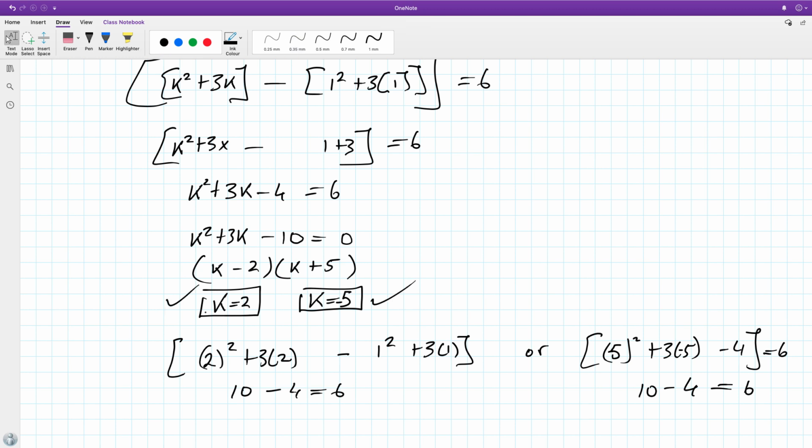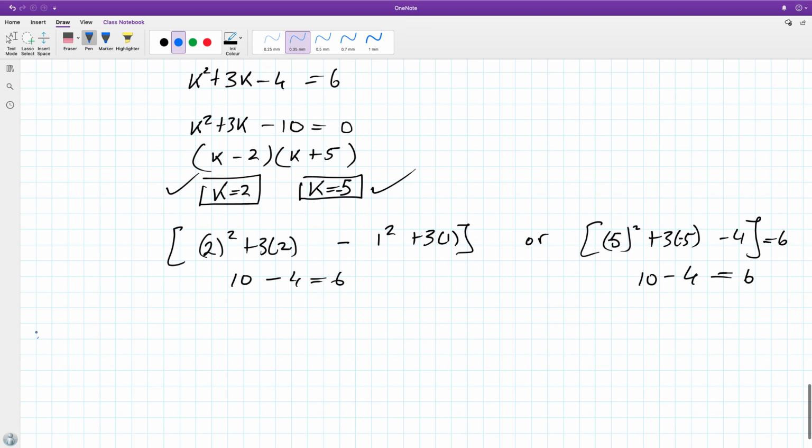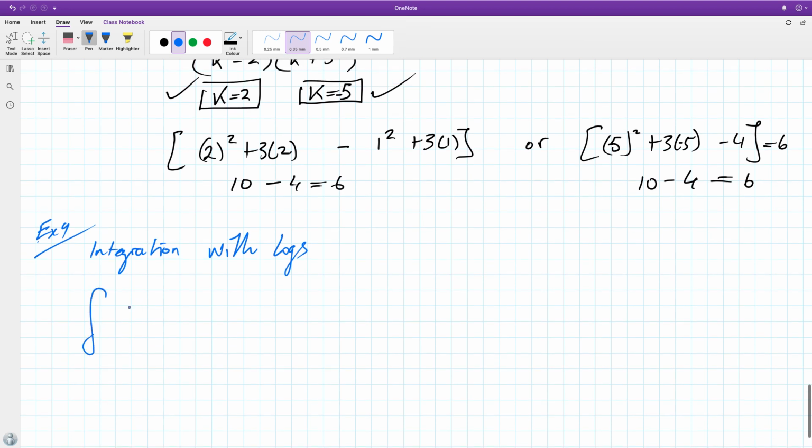Right. Let's move on to questions that end in a logarithm function. So, integration of logs. Integrate for me 2 over x dx.